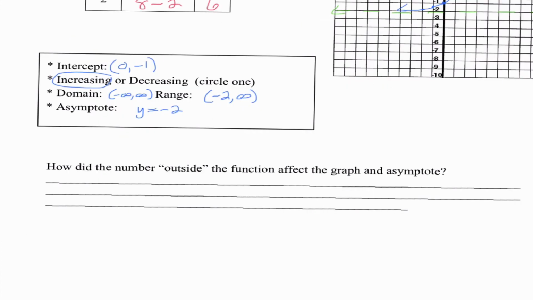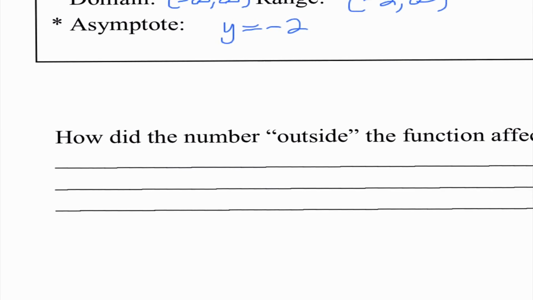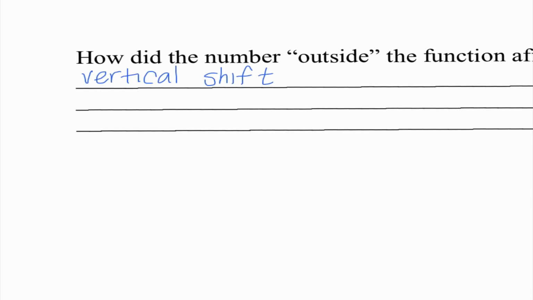So it's asking us, how did the number outside the function affect the graph and the asymptote? And we are going to go ahead and say that this is a vertical shift. Okay, and even though we didn't do one of these in our notes, we'll have some on our homework that might be like f of x equals 2 to the x plus 1.